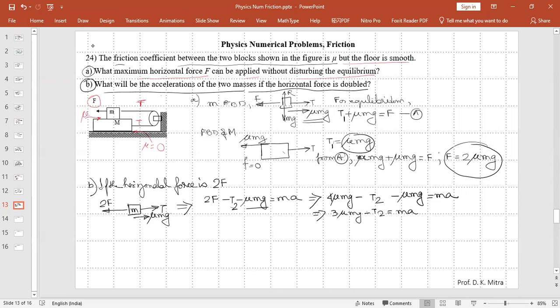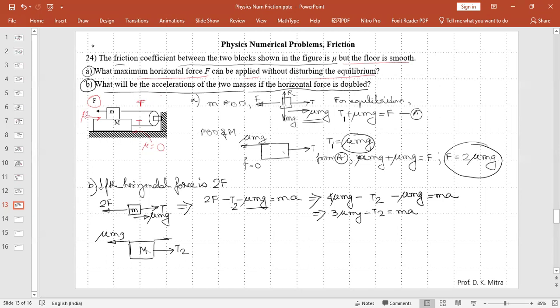Again, here taking the bigger block M, here we have the tension T2. There is no frictional force at its bottom, but there is a frictional force here, which is mu small m g.